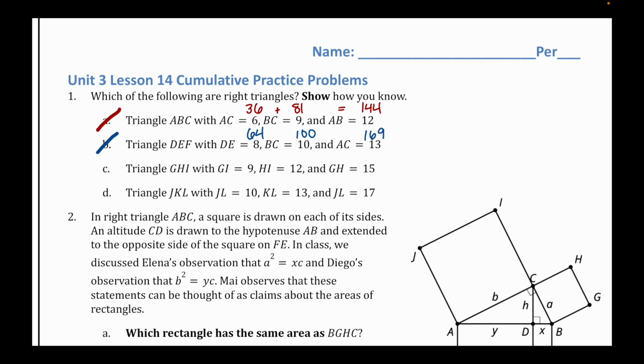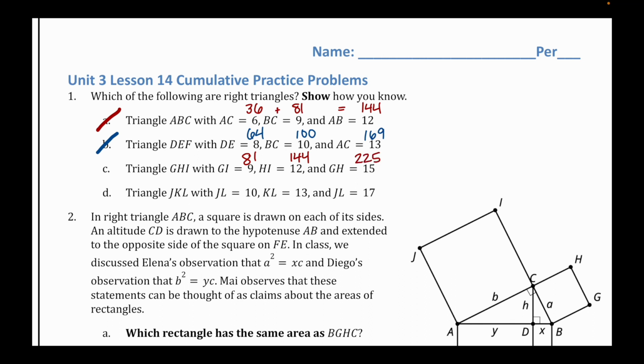So we'll try C. This is 9, 12, and 15. I do believe this one works, but we will show you anyways. So 9 squared is 81, 12 squared is 144, and 15 squared I believe is 225, but I'm going to double check myself on that one. Yep, 225.